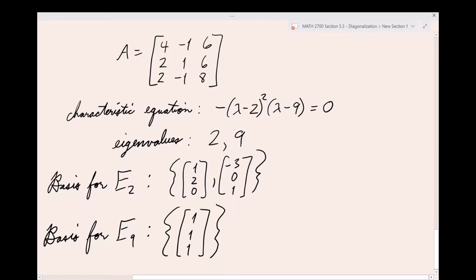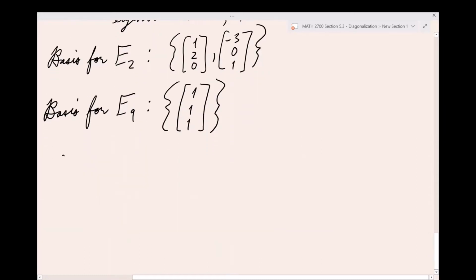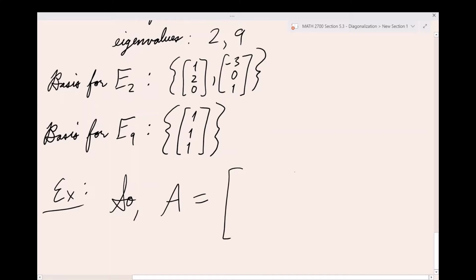So what that tells me is that original matrix is going to equal, I'll make my P matrix be those eigenvectors in those bases. And then my diagonal matrix in the middle is just the corresponding eigenvalues.